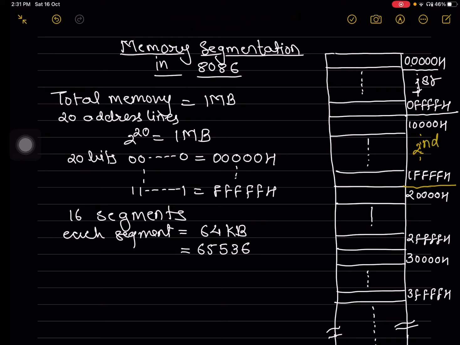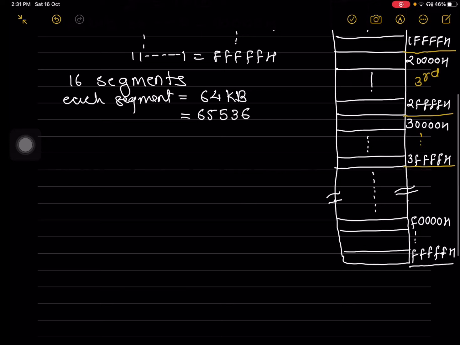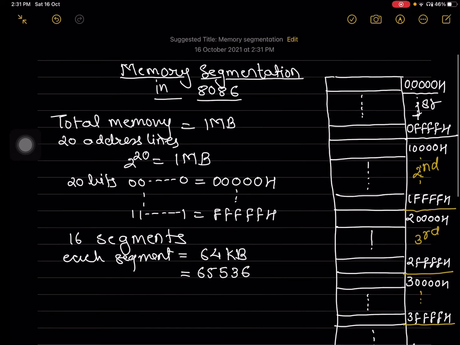Similarly, the third segment starts from 20000H and ends at 2FFFFH. The fourth segment starts from 30000H and ends at 3FFFFH. Likewise, the 16th segment starts from address F0000H and ends at FFFFFH. This way, 16 segments are available in the 8086 microprocessor memory.